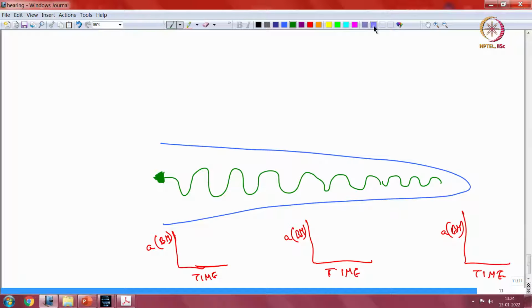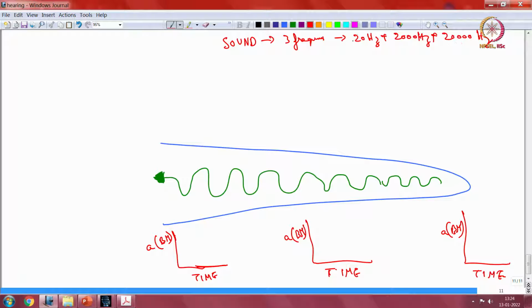So, what we do is we run a thought experiment and then we see what happens with that. We give a sound wave which contains 3 frequencies, a complex sound wave. The 3 frequencies are 20 hertz plus 2000 hertz plus 20,000 hertz, 20 kilohertz.